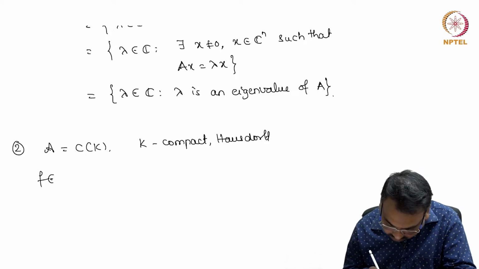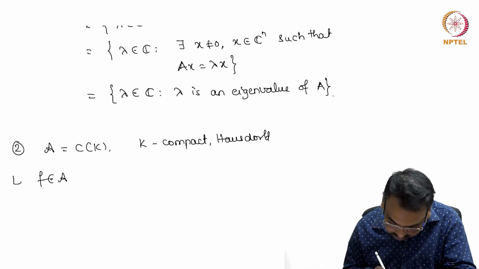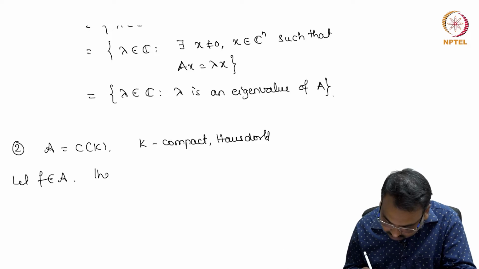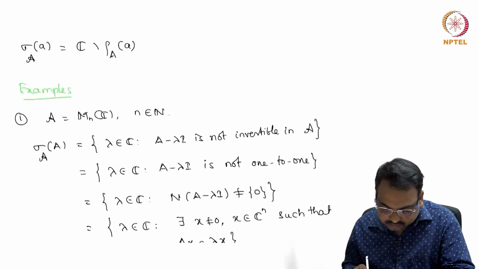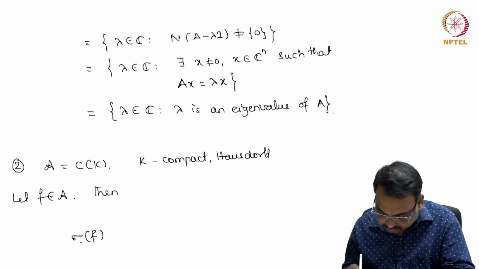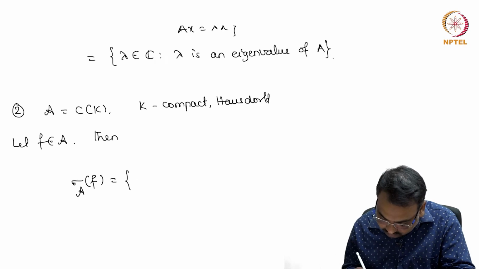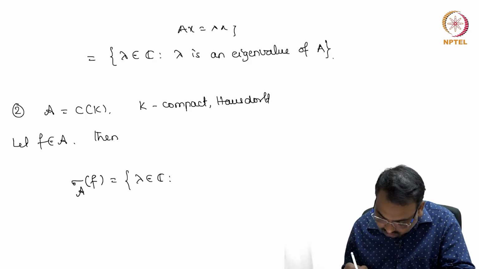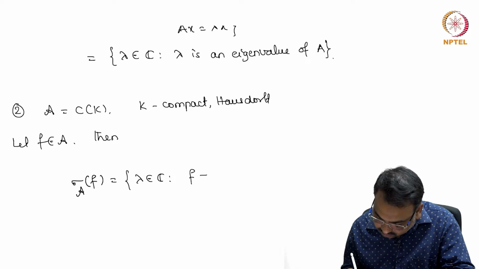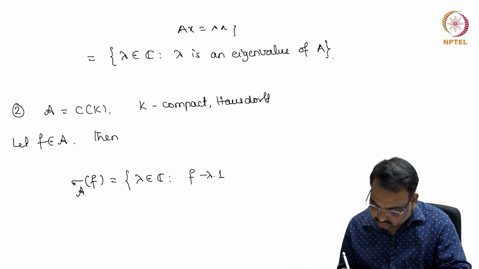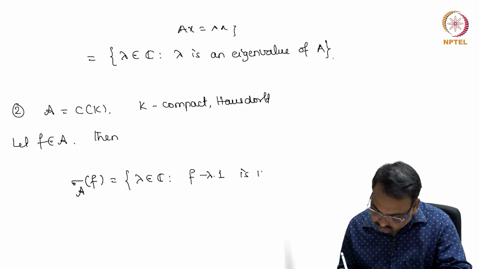If you take f in A, then the spectrum of f with respect to this algebra A is nothing but the set of all lambda in C such that f minus lambda times the constant function 1 is not invertible.